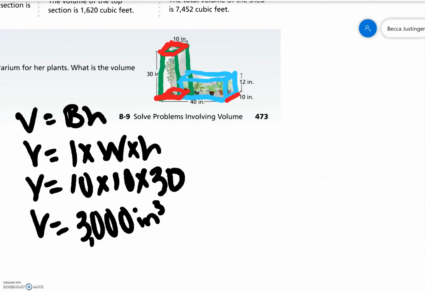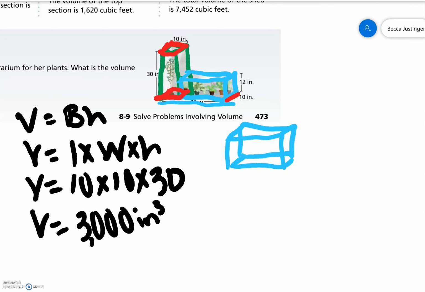But that's just for the one rectangular prism. The other rectangular prism, wow, nope, let's draw this better. Remember, you start with a rectangle, draw diagonal lines going off the sides. Okay, the whole thing was 40, but we knew that this was 10, so what's left needs to be 30.